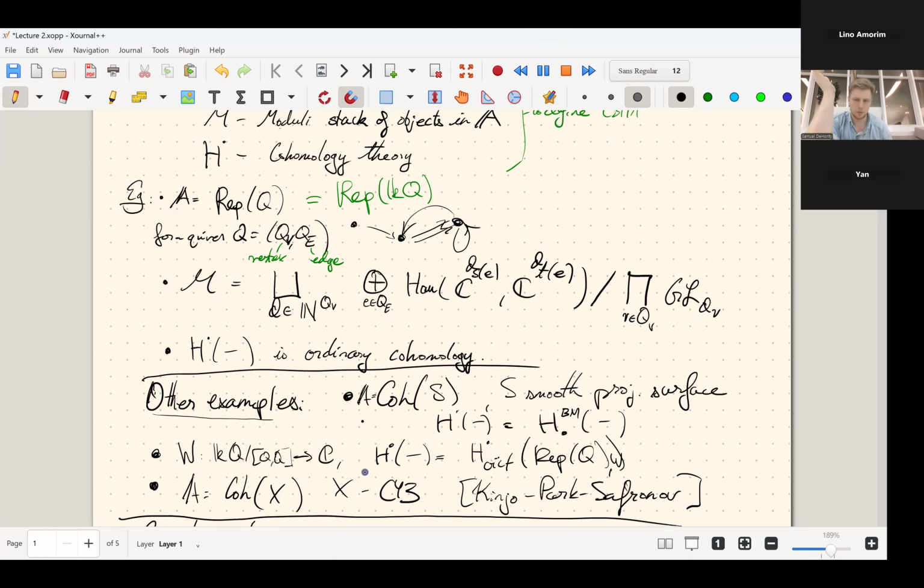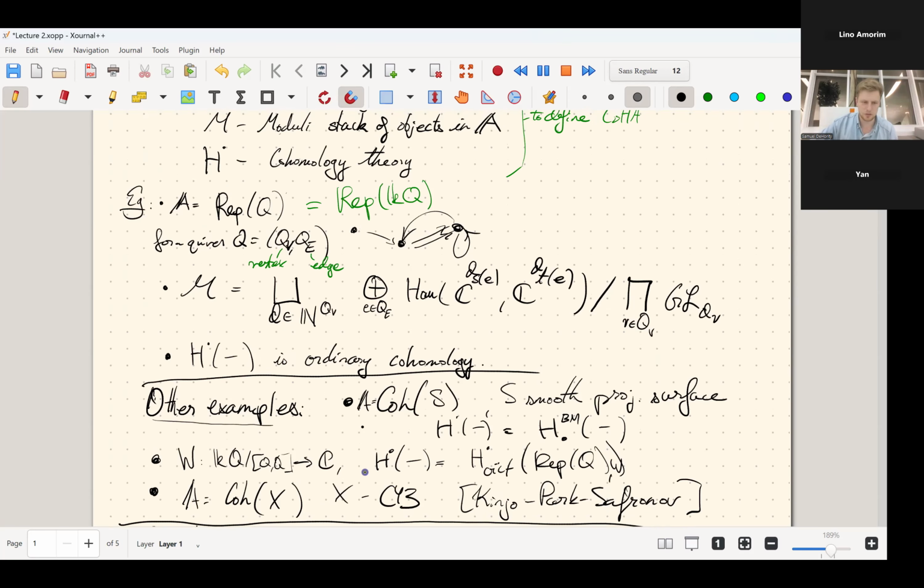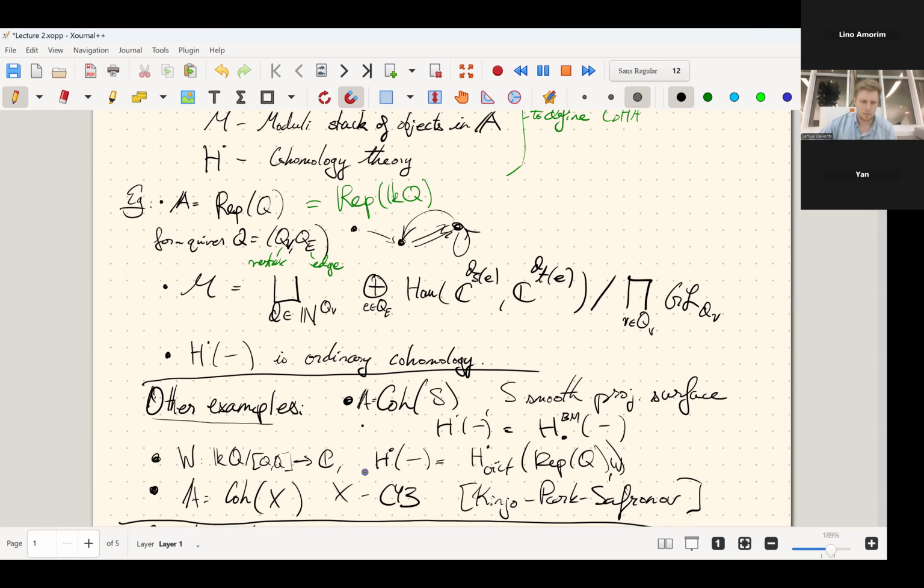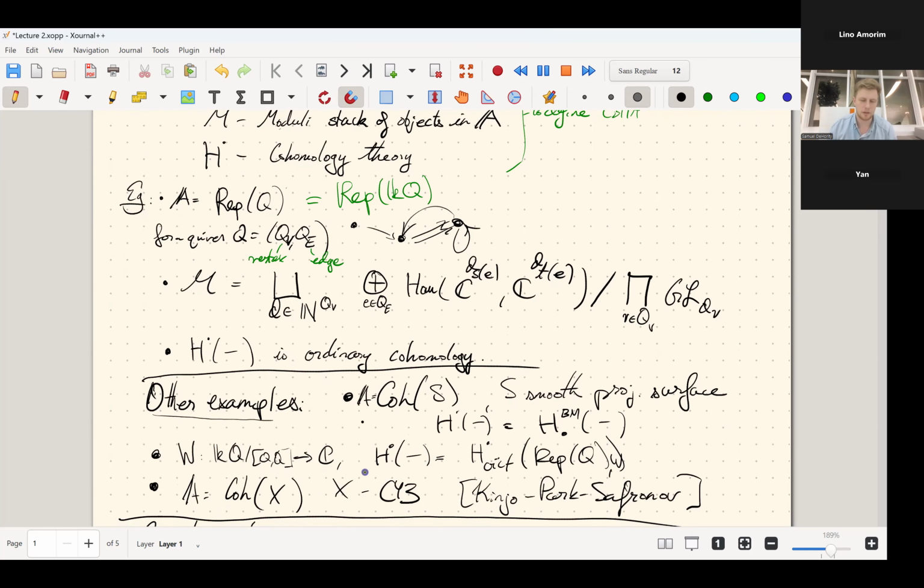So we're going to focus entirely on this example. For more geometric contexts, you have to do a slightly more sophisticated version of this construction. But let me mention some other examples that have been worked out.